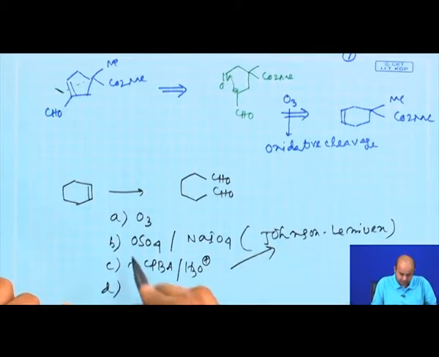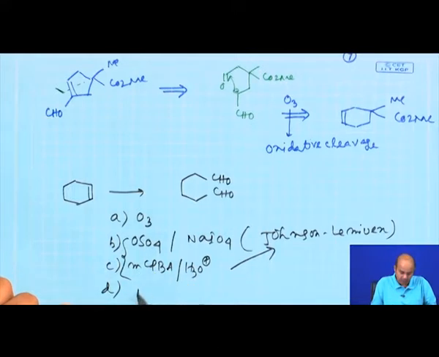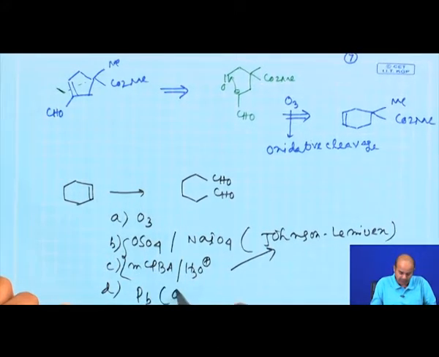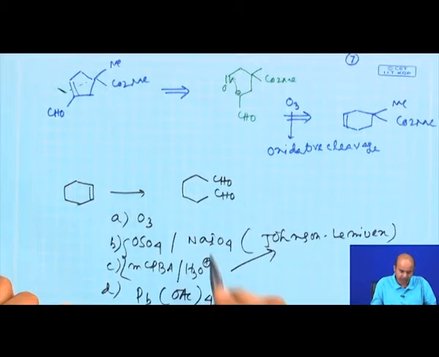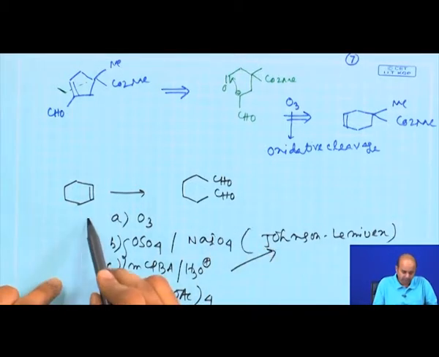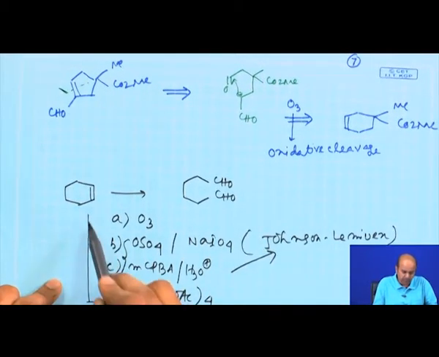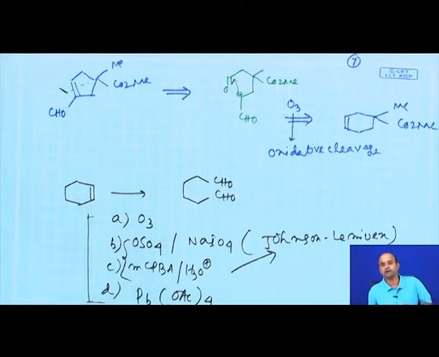The other option, you can first make the diol, and then treat with lead tetraacetate, which also cleaves the corresponding diol to aldehyde. So, these 4 conditions you can use for diol cleavage, and that serves a very nice pathway called oxidative cleavage.